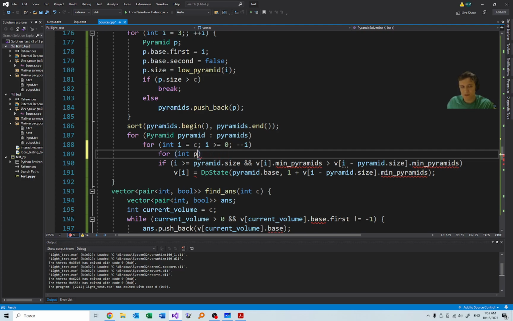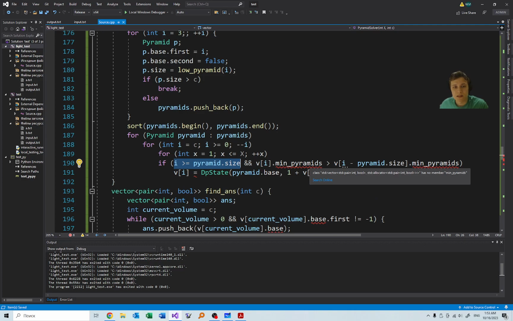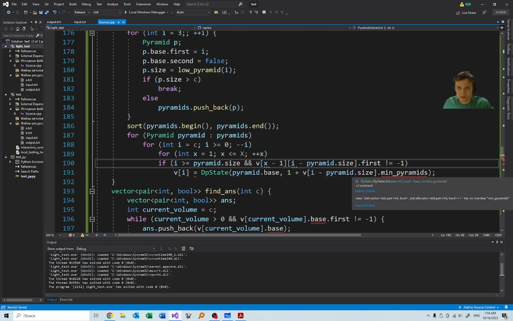So from pyramids equals 1, pyramids at most x. Okay, since this is x, big capital X, let's choose small x. So I need I at least pyramid size. And I also want this thing to be expressible with x minus 1 pyramids. So I want this thing to be possible.